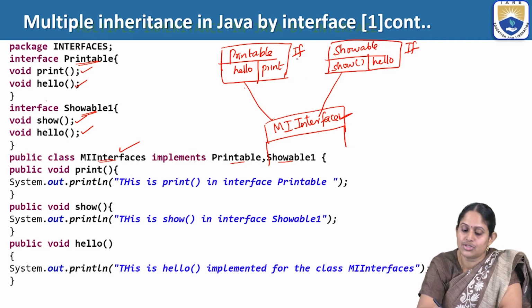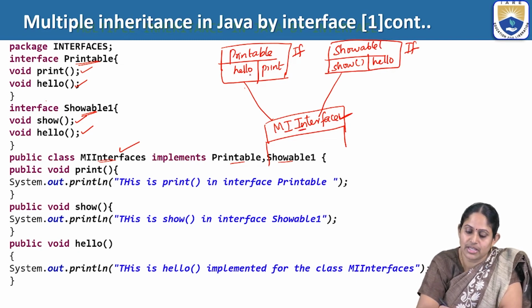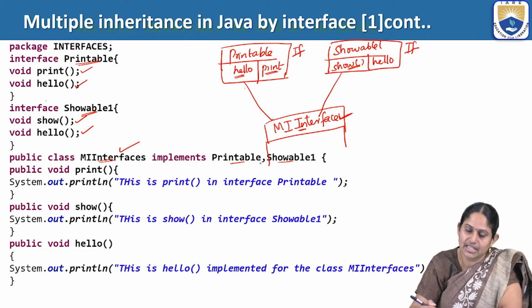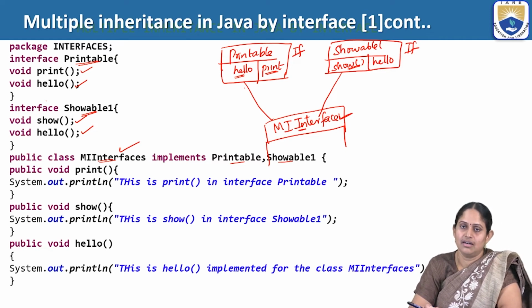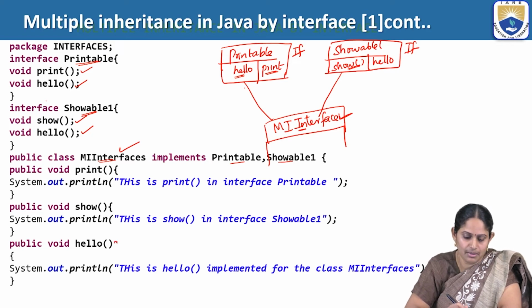This is the showable one. So what happens? This class has to provide the implementation for the hello method, print method, and show method. Since the hello method is present in both, it will give a single implementation for that method hello.